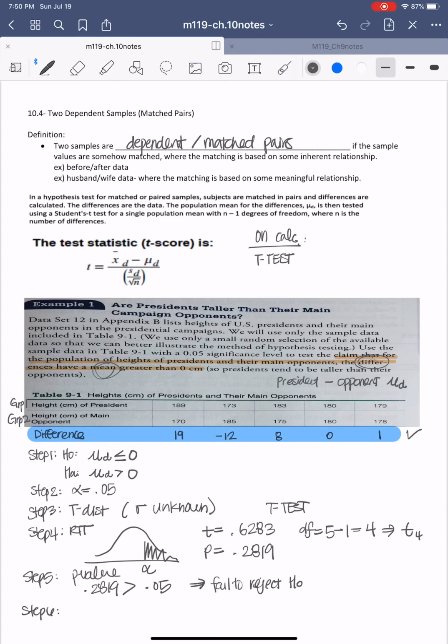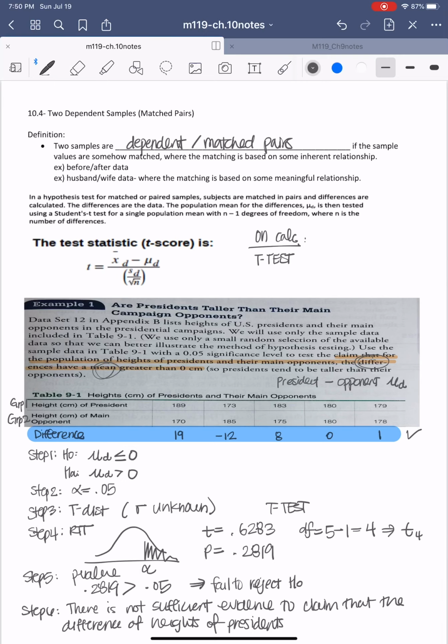We failed to reject the null, so there is not sufficient evidence to claim that the difference of height of president and their main opponent have a mean greater than 0 centimeter.